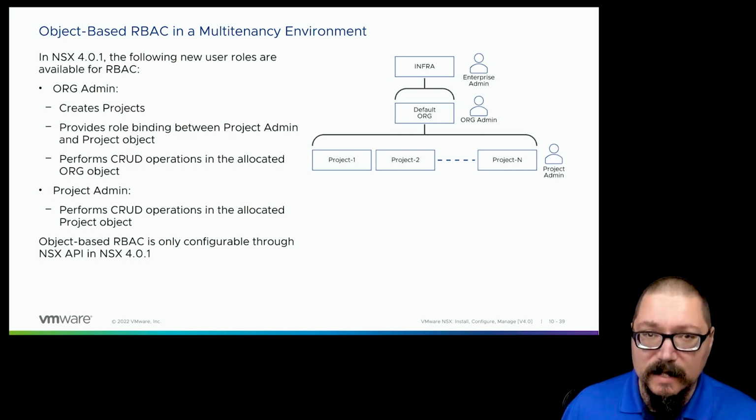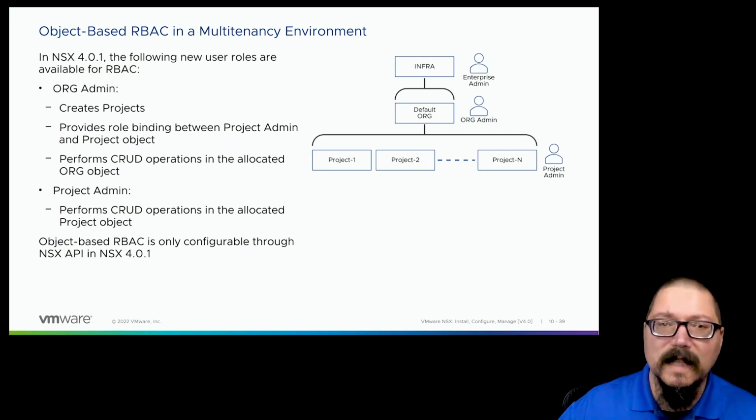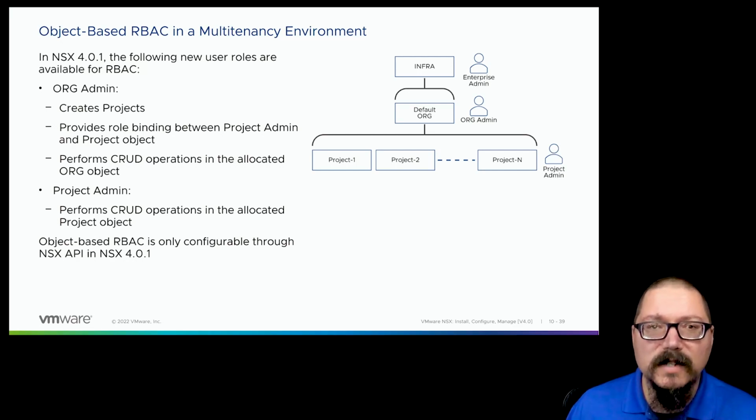And then my tenant admins, my project admins, as they're officially called, are going to be the ones dealing with things that have been allocated to a project, right? So, this tier 1 gateway that's allocated to project 2, well, the project 2 admin is going to be the admin responsible for manipulating that tier 1 gateway that's been assigned there.